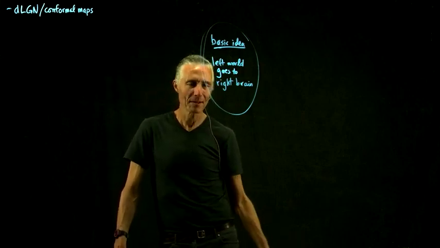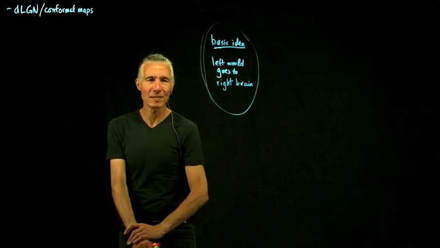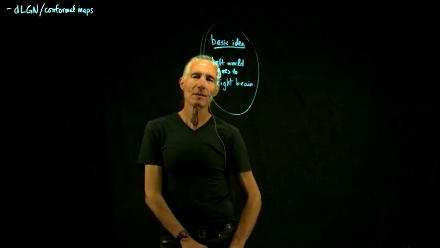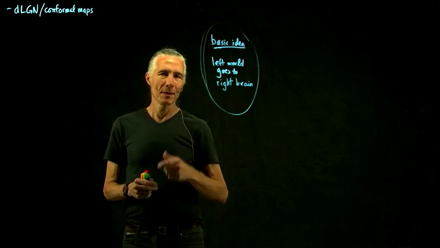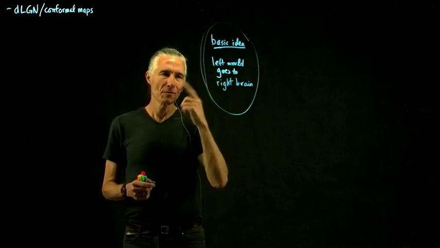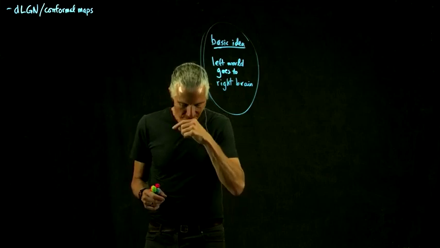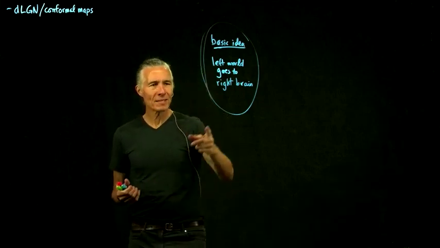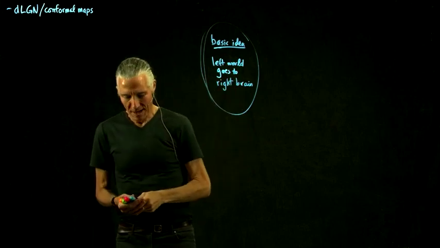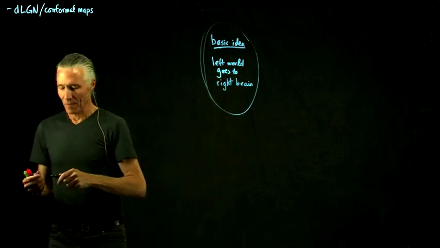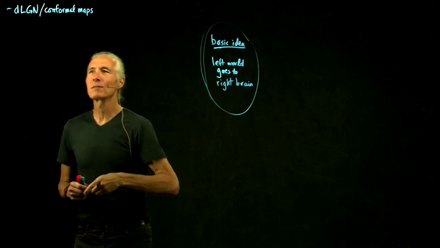And probably back in the really deep early parts of evolution, that's what caused this left-right flip to happen. It's the fact that the lens left-right flips objects. So that's the basic idea: the left world goes to right brain. So now let's draw a little picture of the visual field.